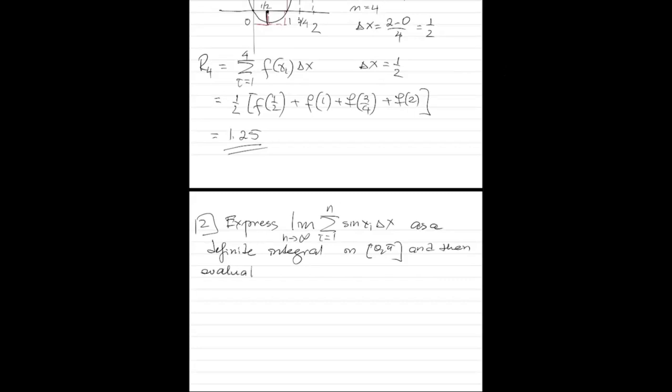Let me write this limit again. We know that the limit of a Riemann sum is a definite integral. The interval is from 0 to pi. The function, this is f of x, is sine of x, and delta x is dx.